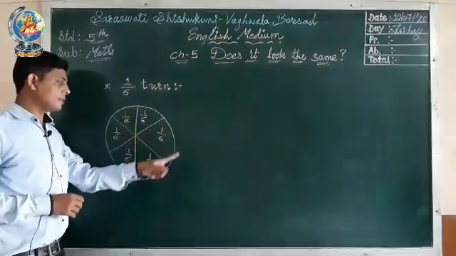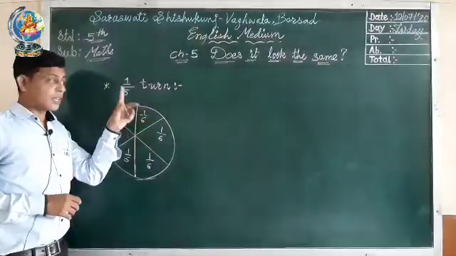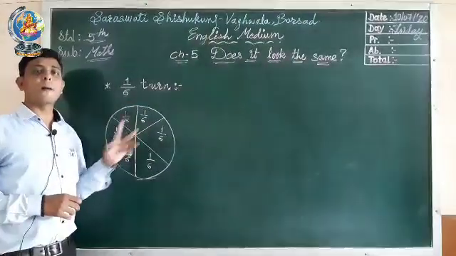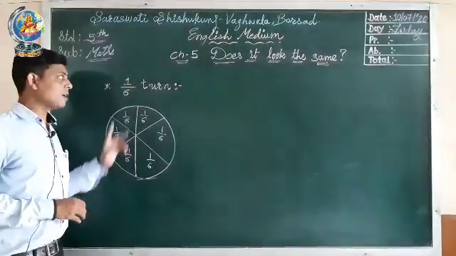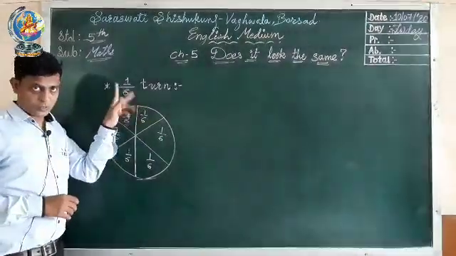I have divided this whole into 6 equal parts. Each part is called 1/6 part of a whole. So you have understood what is 1/6. Now we will go to 1/6 turn.